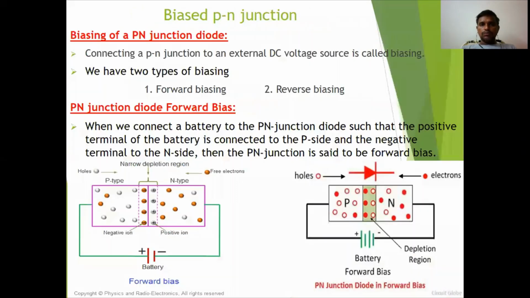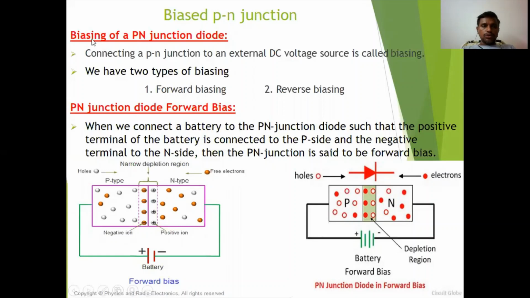Now we'll go with the biased PN junction. That means the PN junction diode is biased. What are the types of biasing techniques we have for a PN junction? That is what we are going to see in this class.